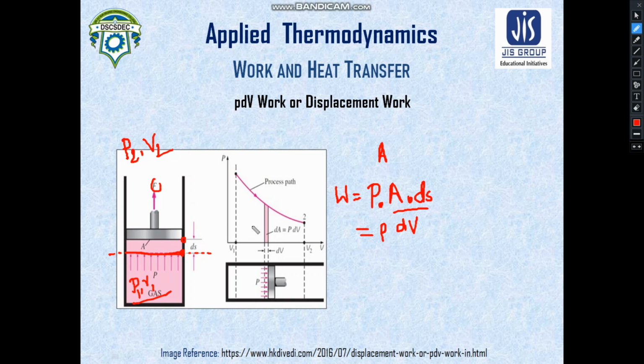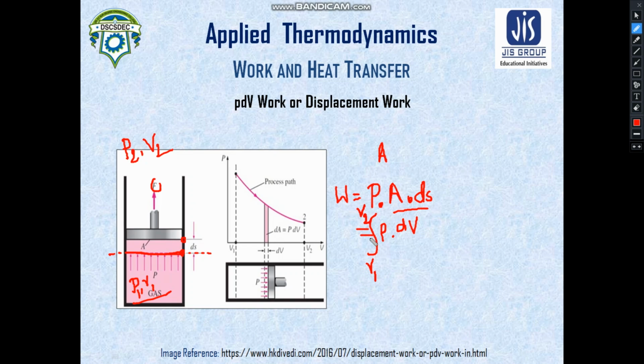Now when we need to calculate the total work done, once again I am saying, this PdV is only for the intermediate state. But if we need to know the total work done, then we have to integrate. Now what will be the limits? The limits will be the change of volume, that means the initial volume and the final volume.